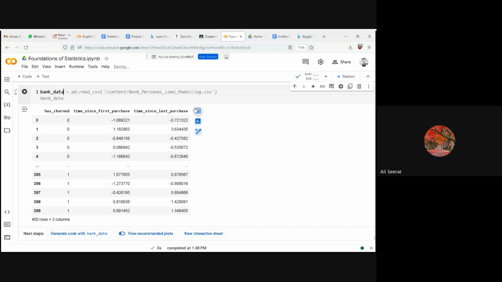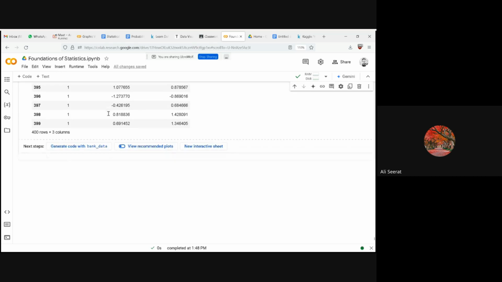Now let's see if we include both of these columns into the has churned or not churned column. This is also the same thing that we did previously, so these are different functions that you can use here.